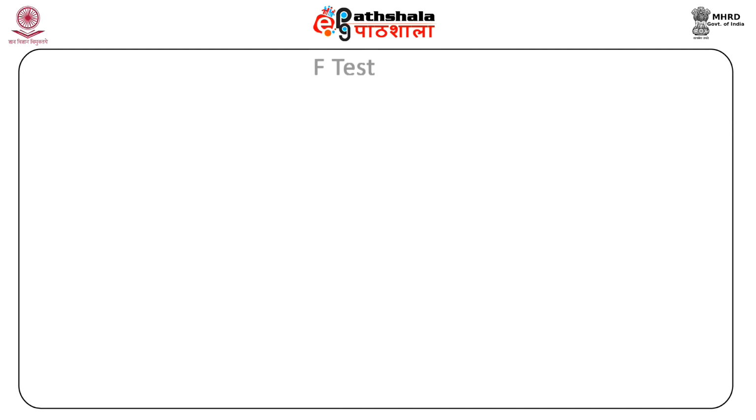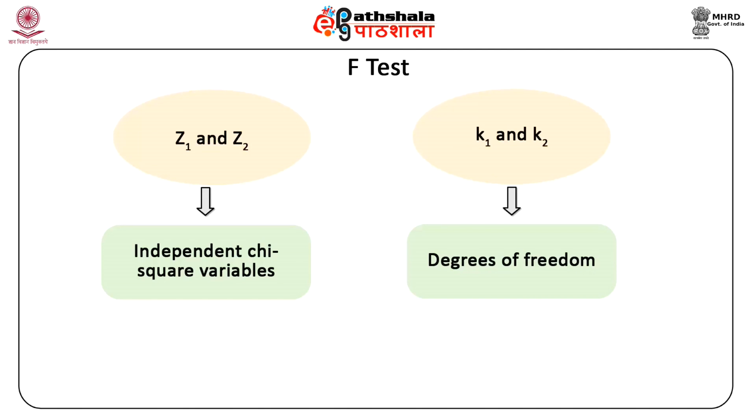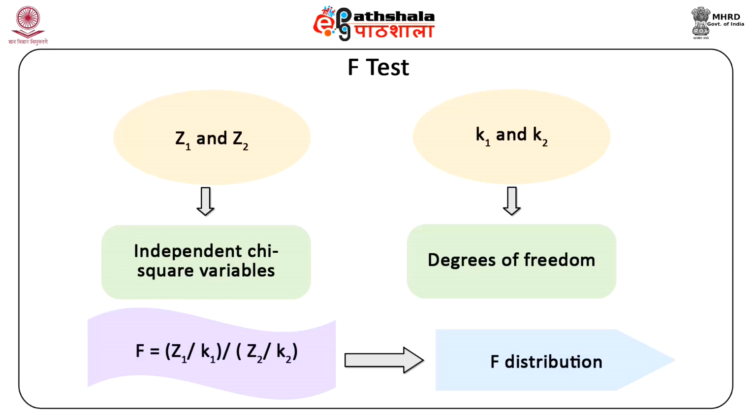Now moving on to F distribution definition. There is an important connection between an F variable and chi-squared variables. If we take two independent chi-square variables z1 and z2 with k1 and k2 degrees of freedom respectively, the random variable F is equal to z1 upon k1 whole upon z2 upon k2, the ratio of the two chi-squared variables divided by the respective degrees of freedom, can be shown to have an F distribution.